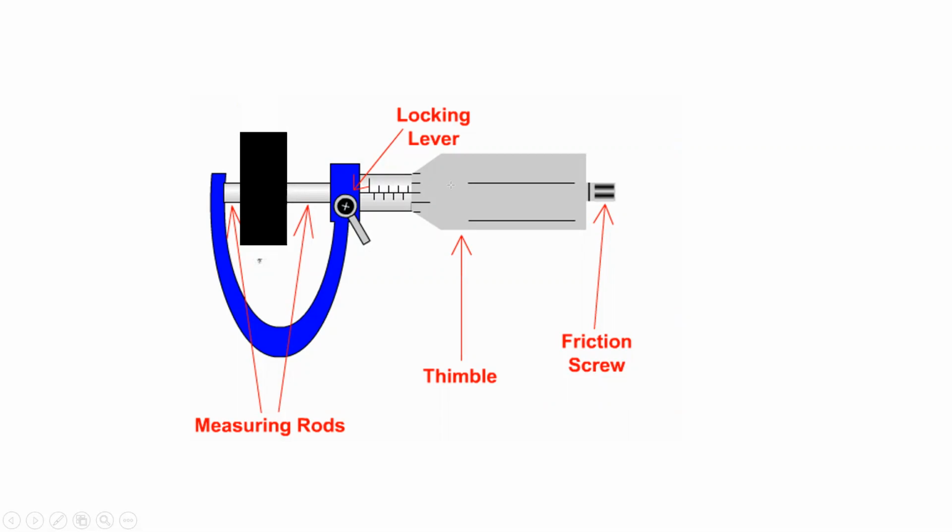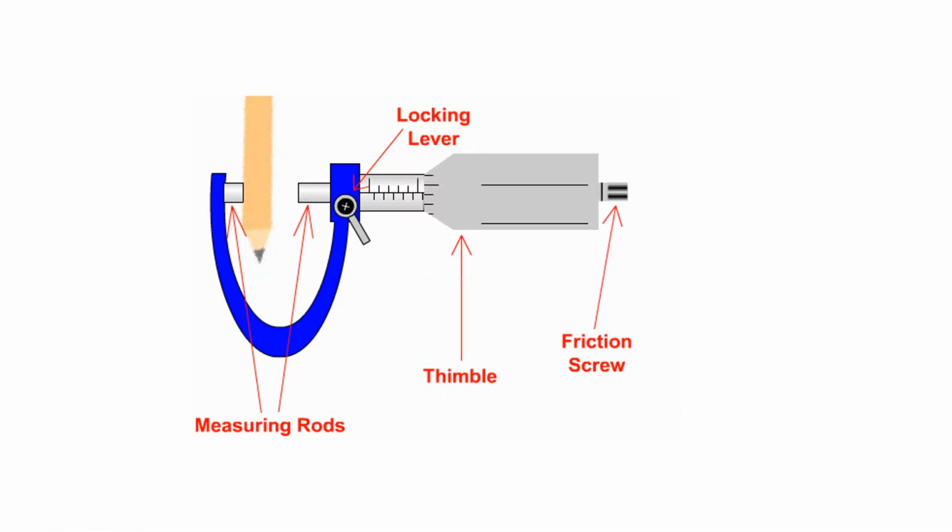So the value of the main scale and the value of the circular scale will change. It depends on what object is placed between the jaws. The reading of the main scale and circular scale will change according to the object which is placed between the jaws of this micrometer. Is it clear, Abdullah Sarfraz? So sir, this means the circular scale will automatically change. Automatically change, yes. Okay, sir.